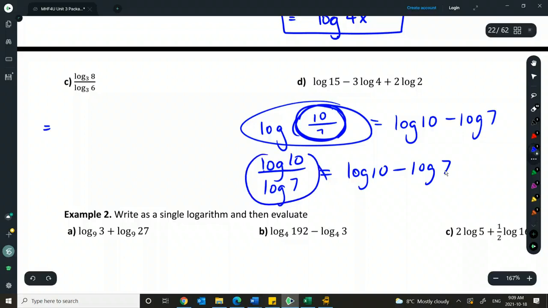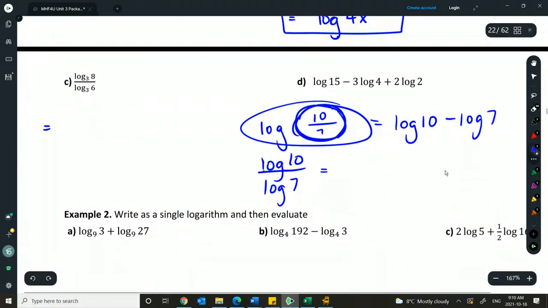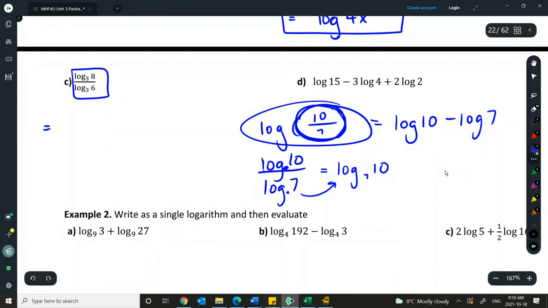It's only that a division inside a logarithm becomes subtractions. The division of two logarithms, that's more like a change of base type formula. I can actually express this as log base 7 of 10, right? Change of base. And actually, it doesn't matter what the base is in here as long as the bases are the same. So we're actually going to utilize change of base formula here.